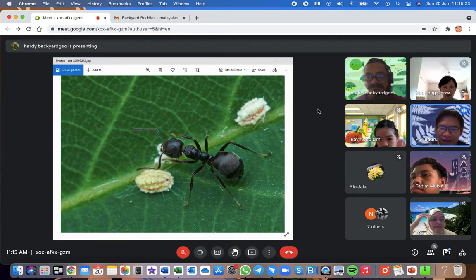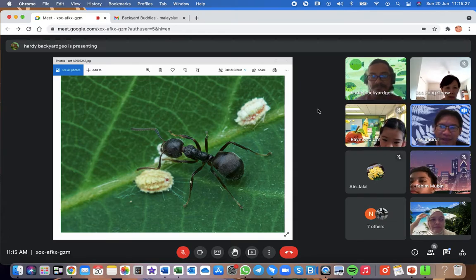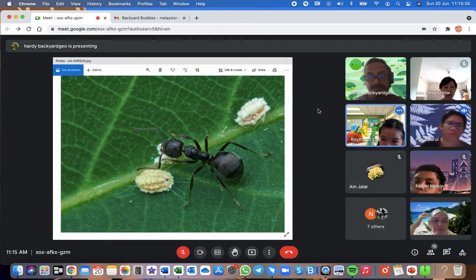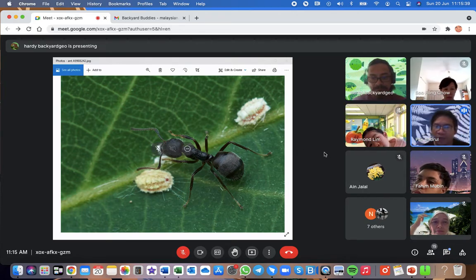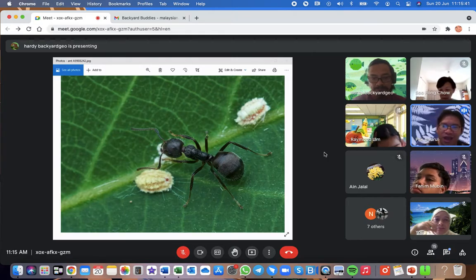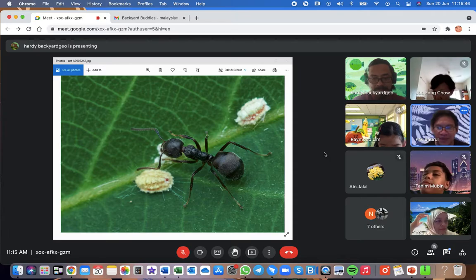But they also produce honeydew at their back, and that honeydew will be food for the ant. At the same time, the ant protects the mealybug from other predators. Okay, that is a mutualism relationship between these two insects.